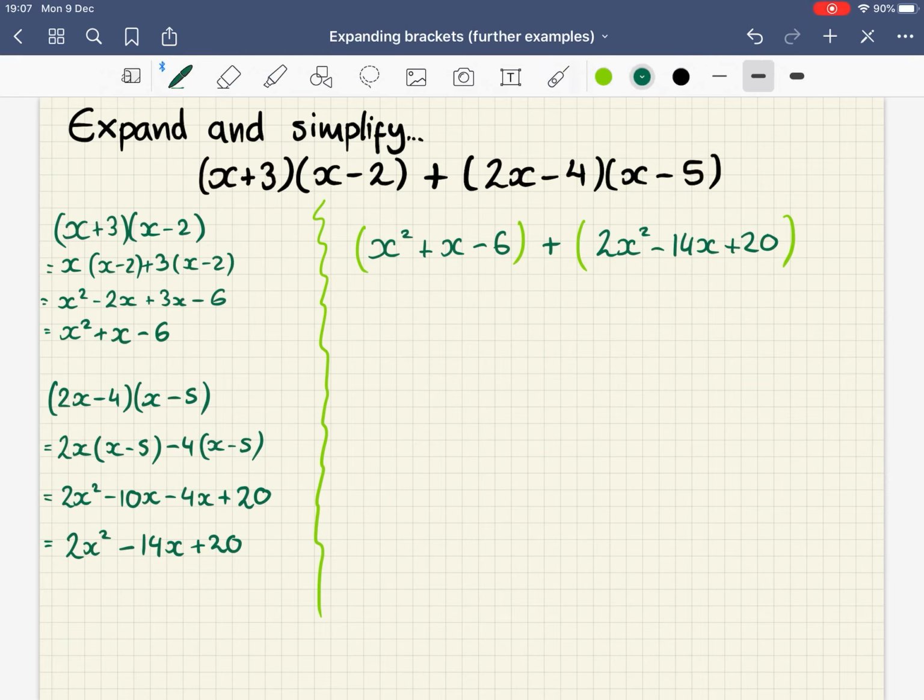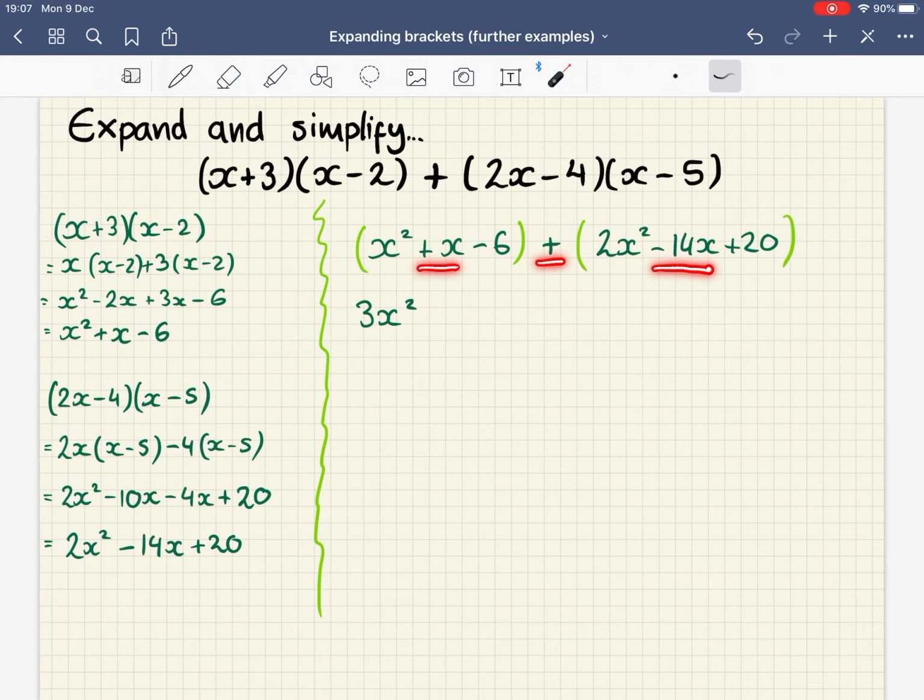negative there. So if I start off with x squared, add 2x squared, that is going to give me 3x squared. Now I have x add negative 14x.